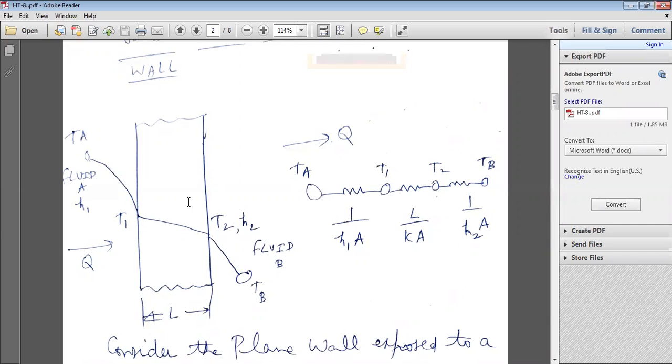From TA to T1 is the first resistance, the convective resistance offered between temperature TA and T1.